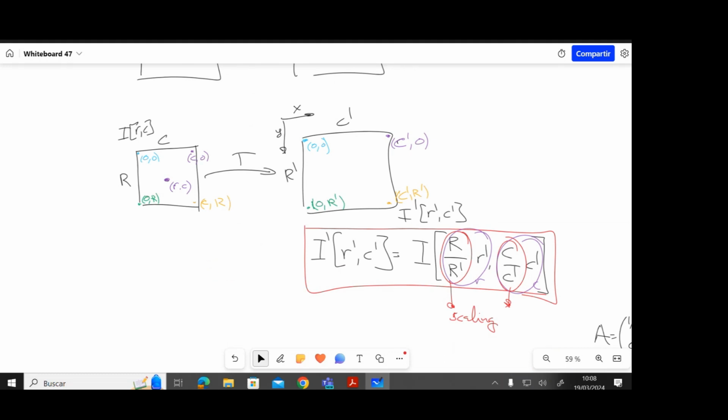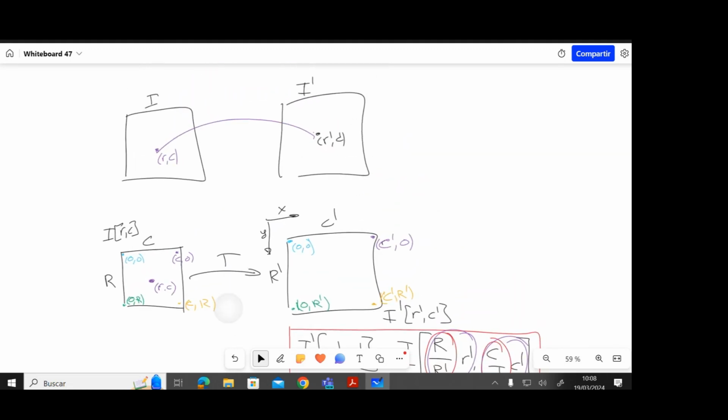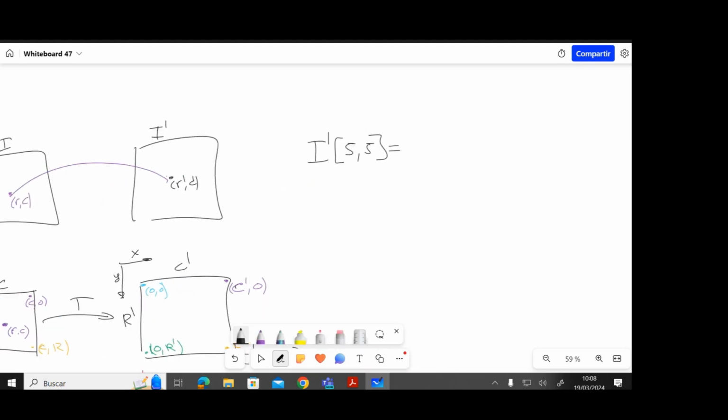Okay, but there are tricks. Right, there are tricks. Because let's say that I have, let's put this in numbers. I want to compute I prime at the location pi, pi. And my factor, let's say, is 7/3, as in the examples before.